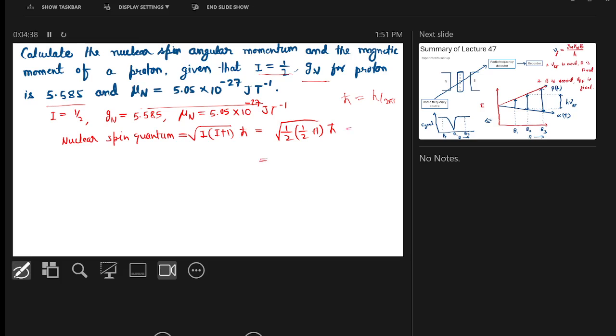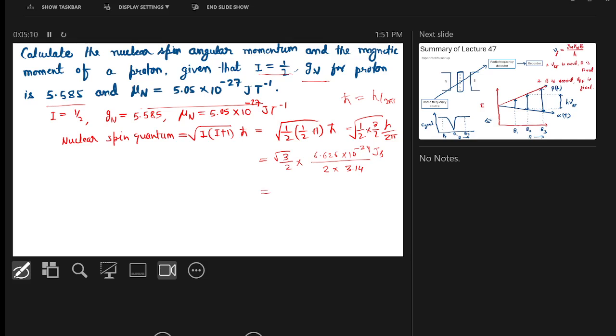By solving this, we substitute the value of h. We can write 1 by 2 multiplied by 3 by 2, times h by 2 pi. The value of h is 6.626 times 10 to the power minus 34 joule second, divided by 2 times 3.14.